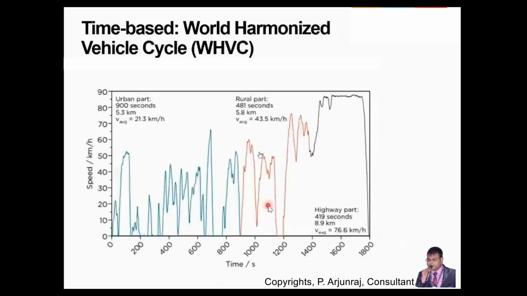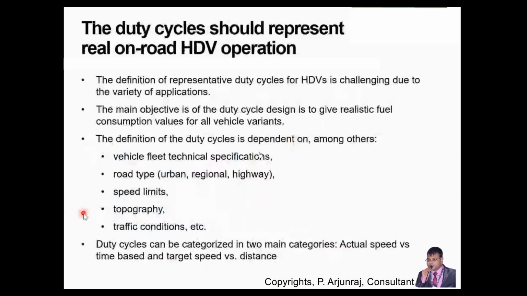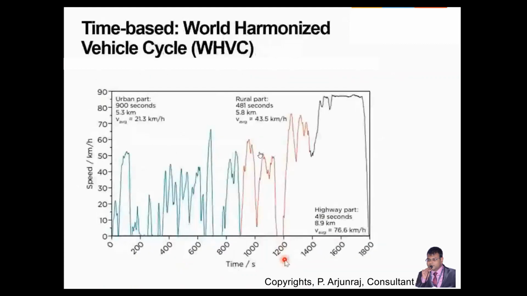Basically, this is the time based scenario where we follow the cycle for a World Harmonized Vehicle Cycle, the time versus speed. That's what we have seen. There are two conditions. One is actual speed versus time, and then the second will be target speed versus distance. So first we are going to see the actual speed versus time for a WHVC.